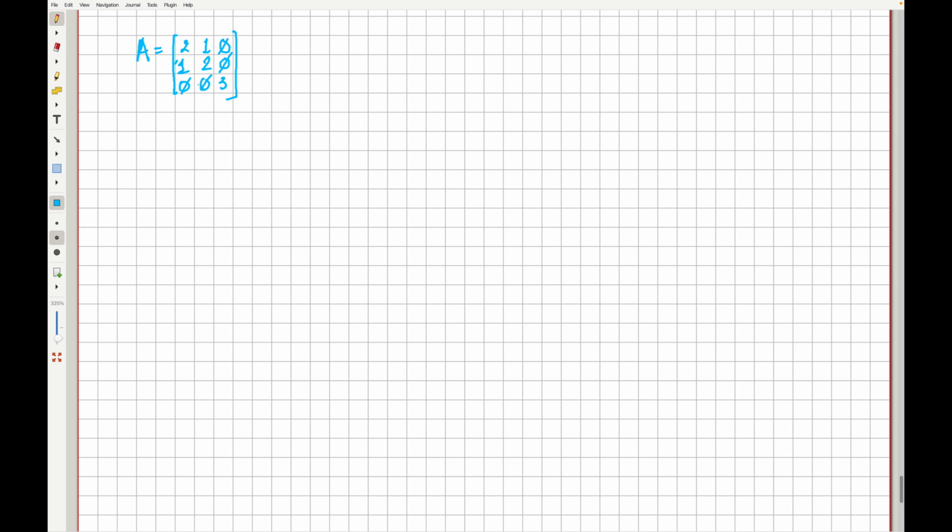As you can see, the off diagonal terms in this last row are zeros, so we just have this top left block which does the stretching.